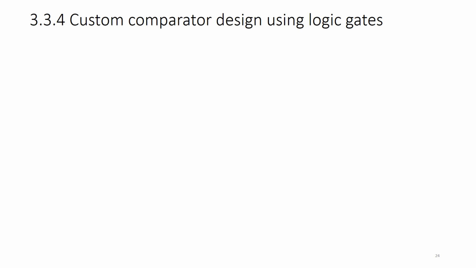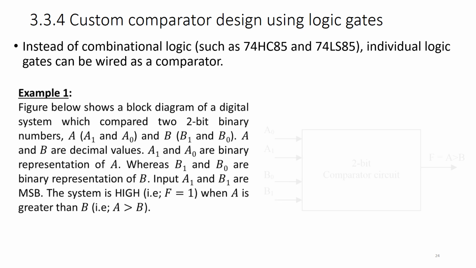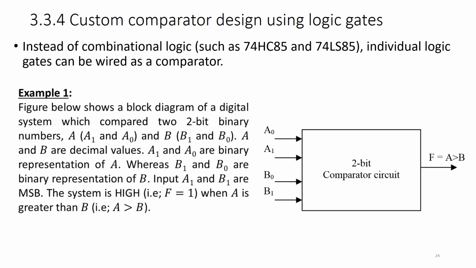So we can also design a custom comparator using logic gates. Instead of using the 74HC85 or LS85, we can individually use logic gates to wire it as a comparator. Let's say we have this 2-bit comparator circuit where we want to compare whether A is greater than B or not.